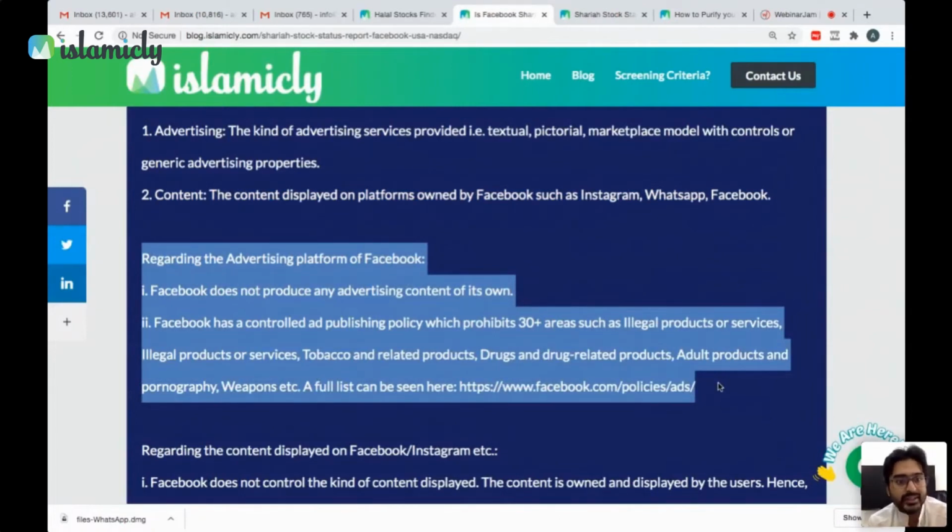Facebook does not produce any advertising content of its own. Facebook has a controlled ad publishing policy which prohibits 30+ areas such as illegal products or services. Let's come again: tobacco and related products, drugs and drug-related products, adult products, pornography, weapons, etc. A full list is also available over here.